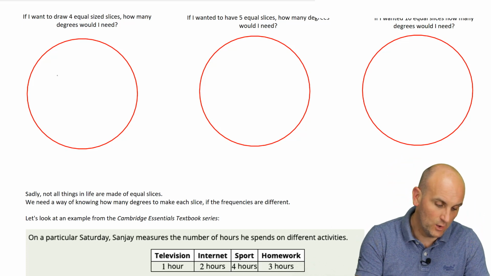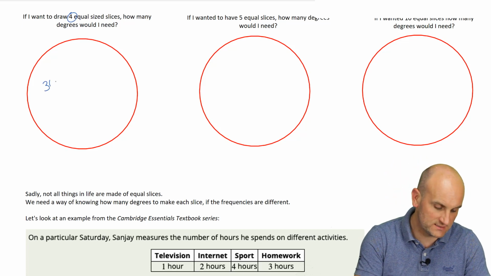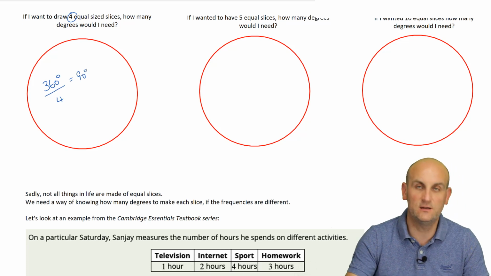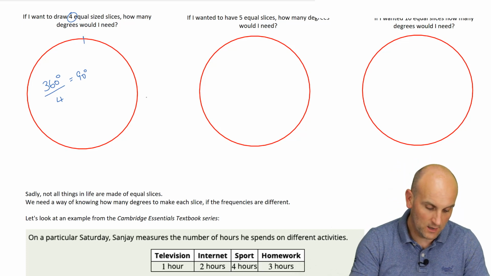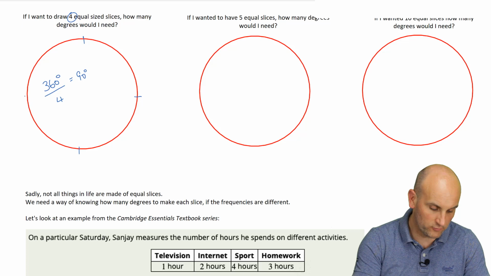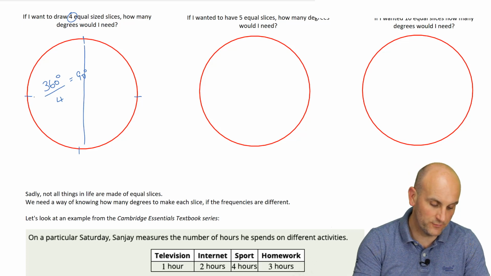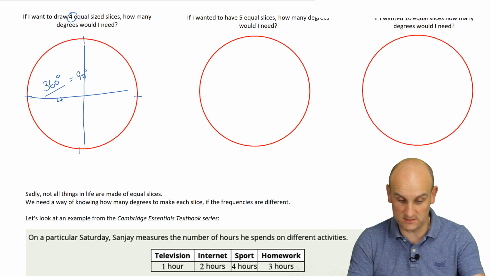So for this one here, we want 4 equal slices, and we know there's 360 degrees in that circle that I want split into 4 equal pieces, which in fact gives me 90 degrees. And so using my protractor, I do a mark at 0, a mark at 90, a mark at 180, a mark at 270, and then I would join those together. Now obviously I've just gone through my calculation, but that's not a problem.